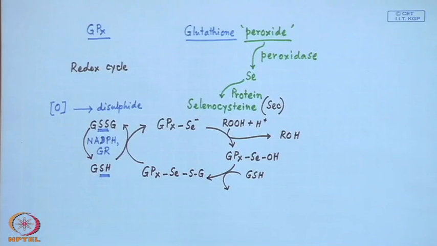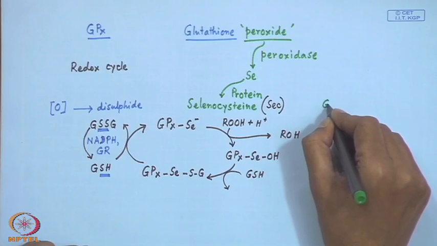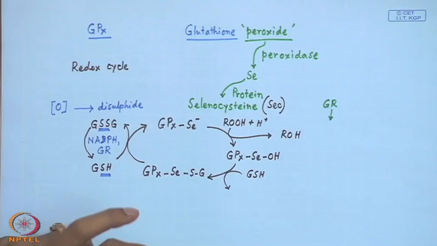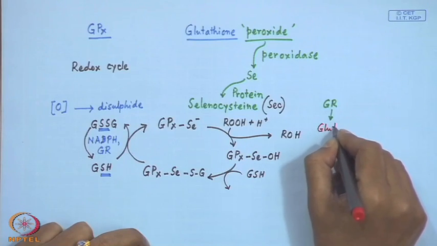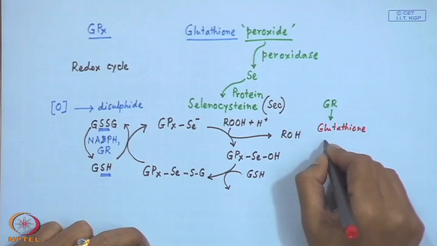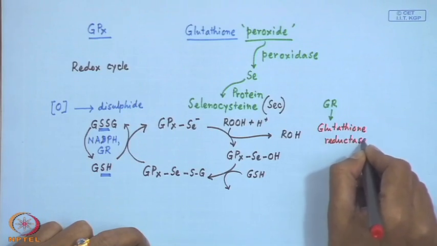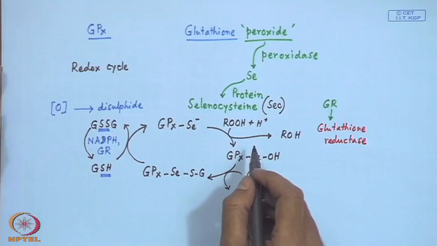So, this peroxidase activity is dependent on the involvement of GR also, and we get all these things.